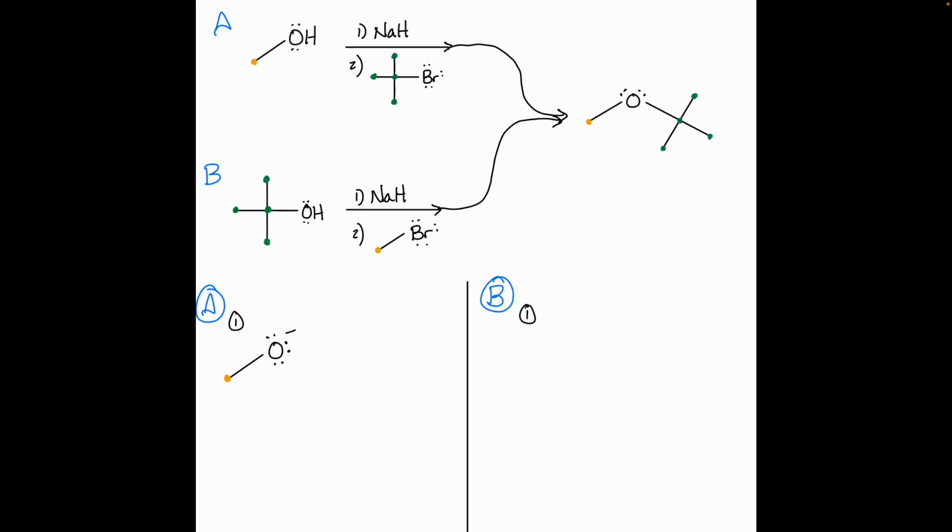I'm actually going to do the mechanism. Let's see if we can make a point here. So that first one, my product of that first step would be that methoxide ion.